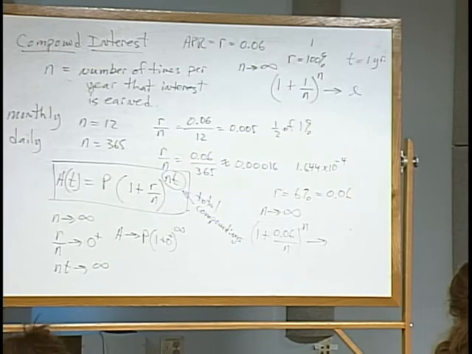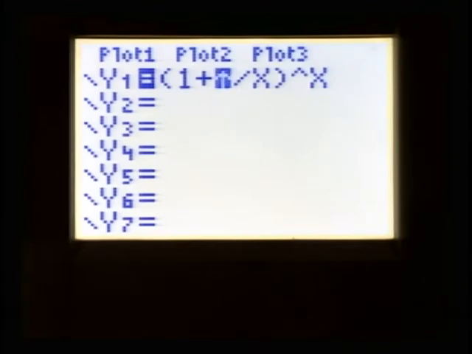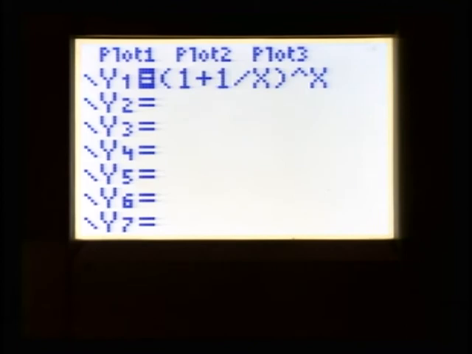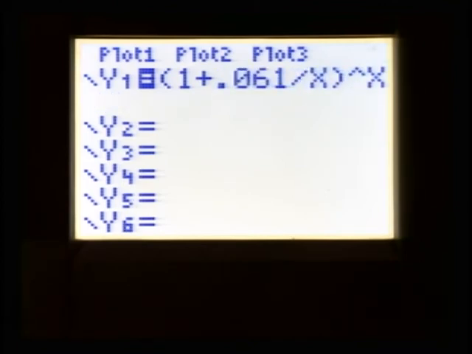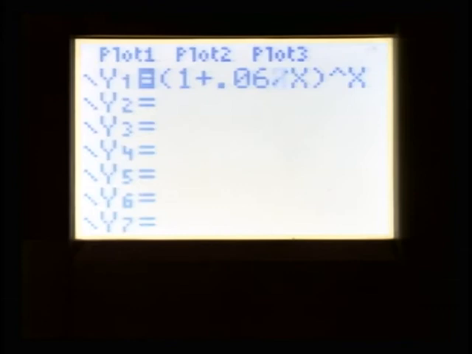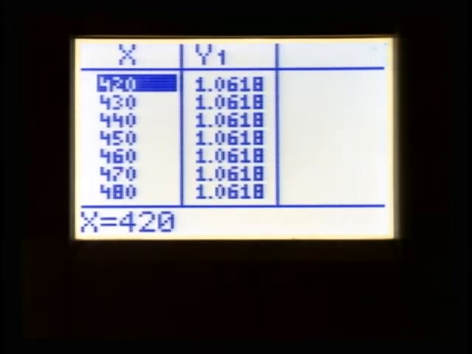So I come back now and I go to y equals, and instead of a 1, I go into insert mode, watch the cursor change. I shift, and I go insert, and I'm going to put 0.06 right there and delete that 1. Okay, now I'm going to go back to the table and see what this looks like it's homing in at.